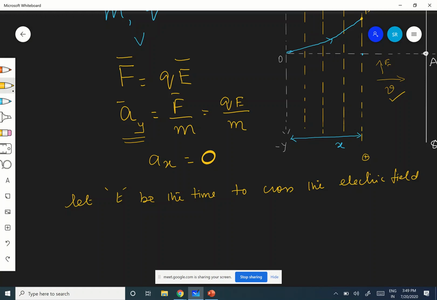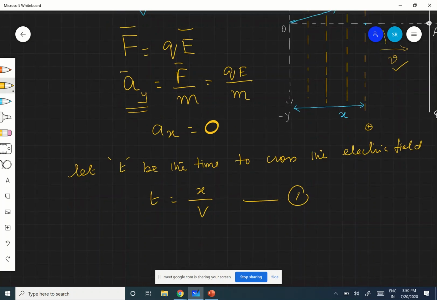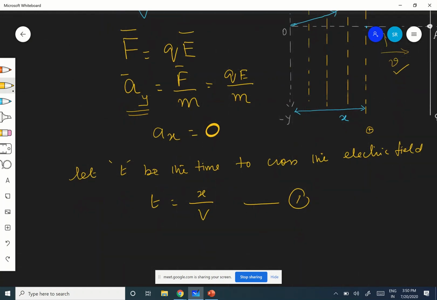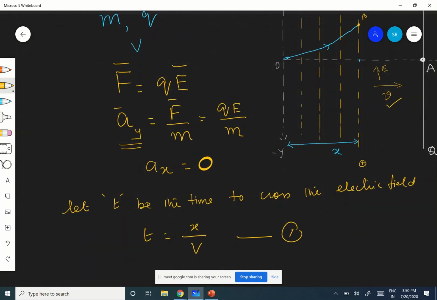Therefore, I think you can very easily find out what is the time taken. Therefore, time taken t is equal to x by v. x by v. Hope you are following. Is it clear? Therefore, this is the time taken by the charged particle to travel a distance that is equal to x, or to come out of the electric field.